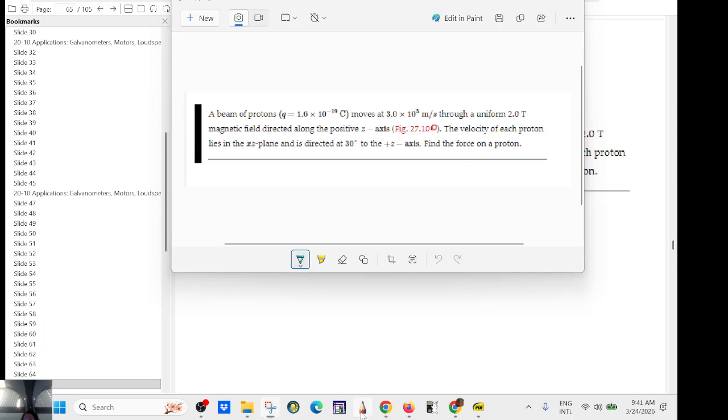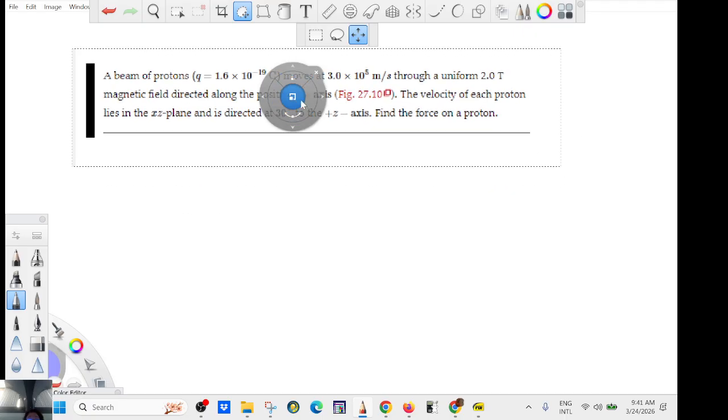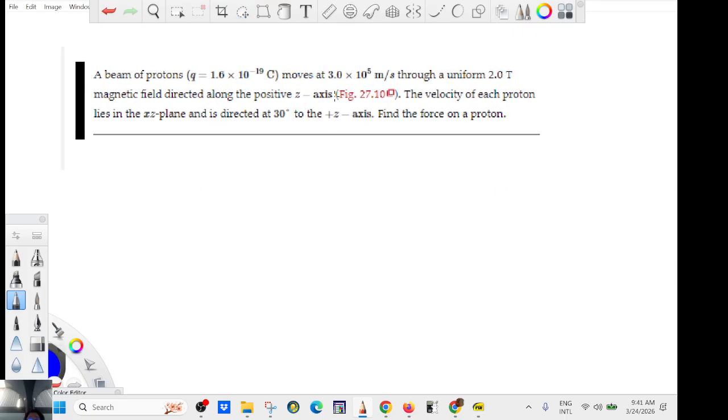You need to find the right coordinate system. The magnetic field is along the z-axis, but the velocity of each proton lies in the xz plane, and it makes a 30 degree angle with the z-axis.